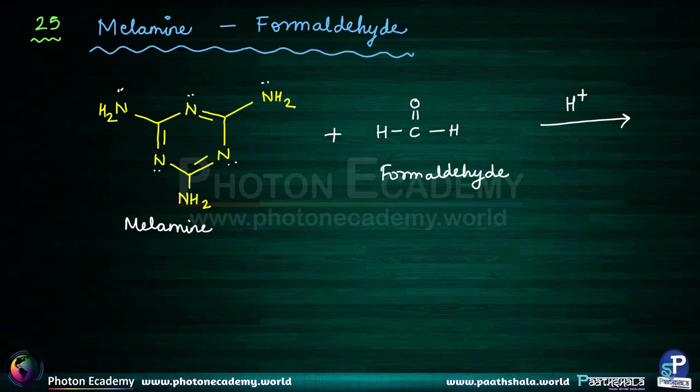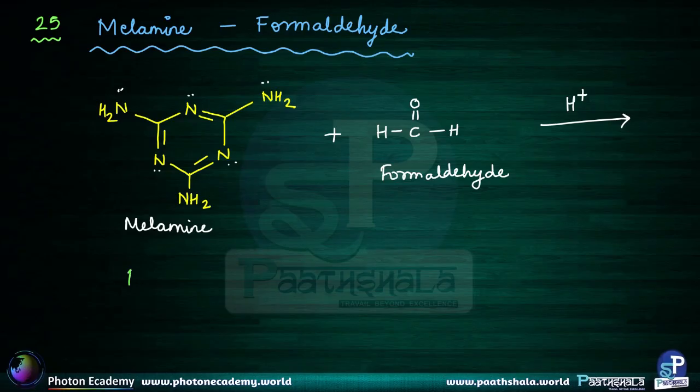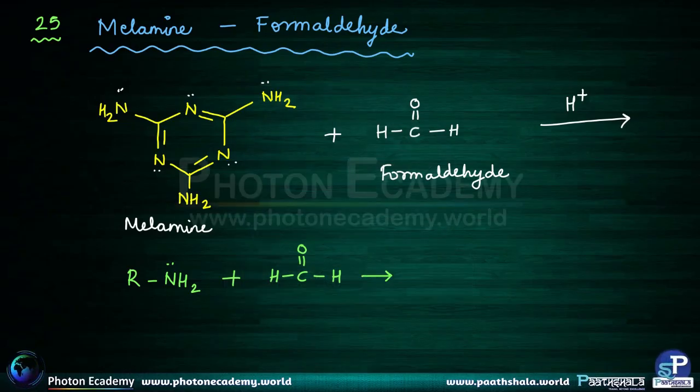So what we have to learn before this is that imagine when an RNH2, a primary amide, is reacting with HC double bond OH. So what happens is when this is reacting, it leads to the formation of a compound RNHCH2OH. Okay, so a lot of things happening over here.